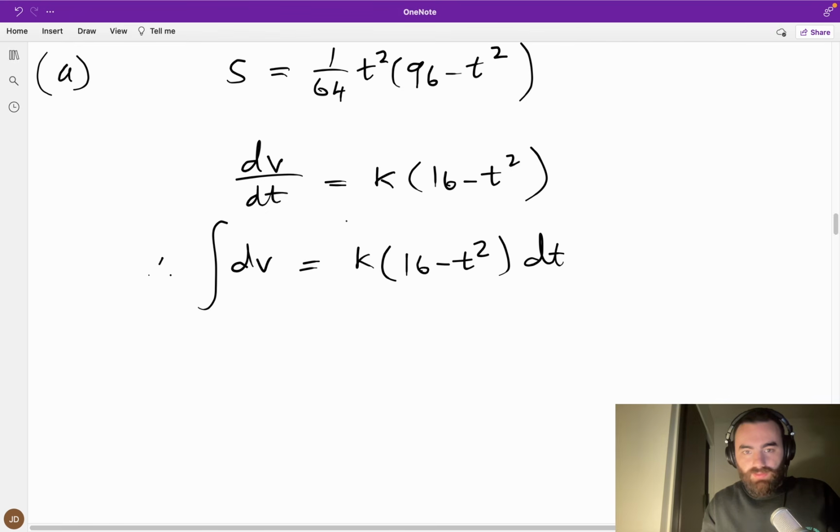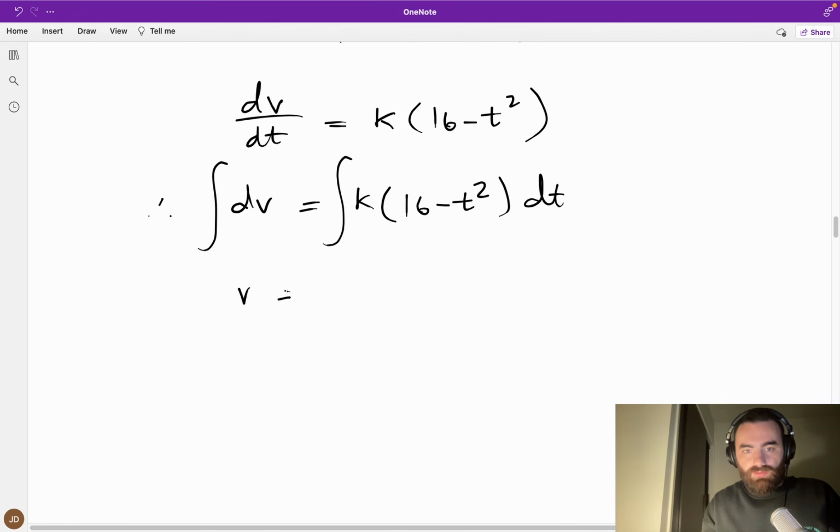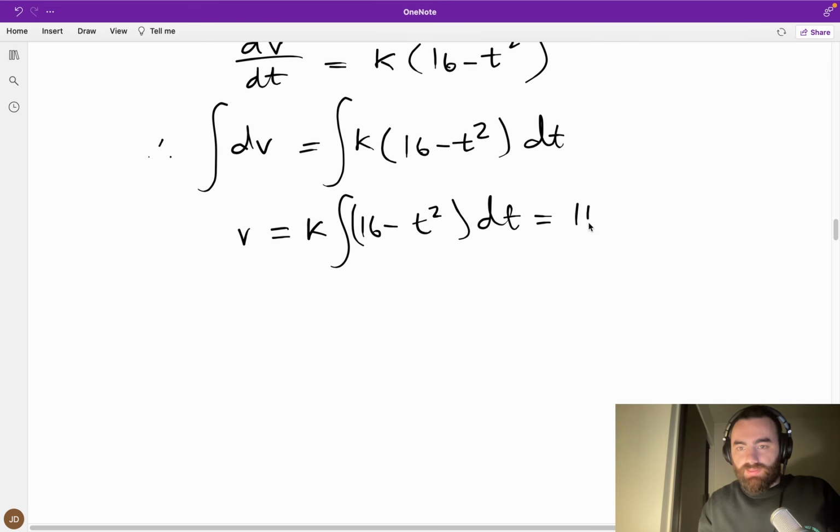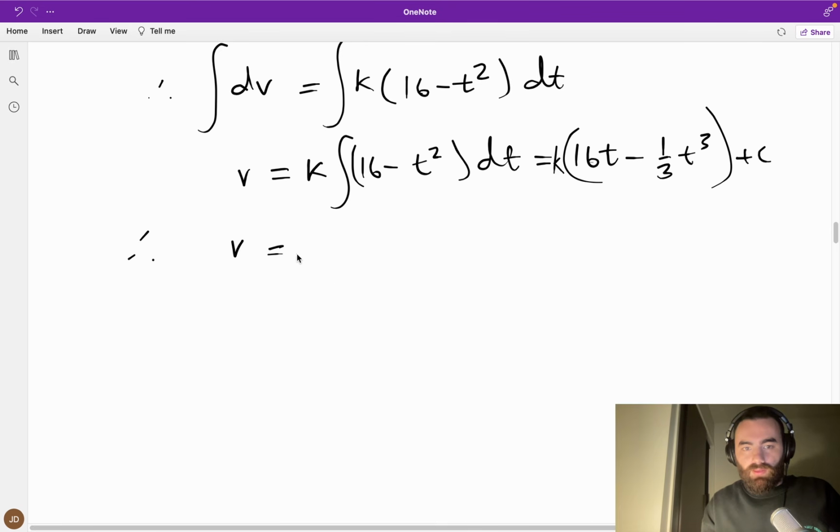If we integrate both sides, v equals the integral of k times 16 minus t squared dt, which equals 16t minus, go up by power, 1/3 t cubed, times k, plus c. So v equals k times 16t minus 1/3 t cubed, plus c.